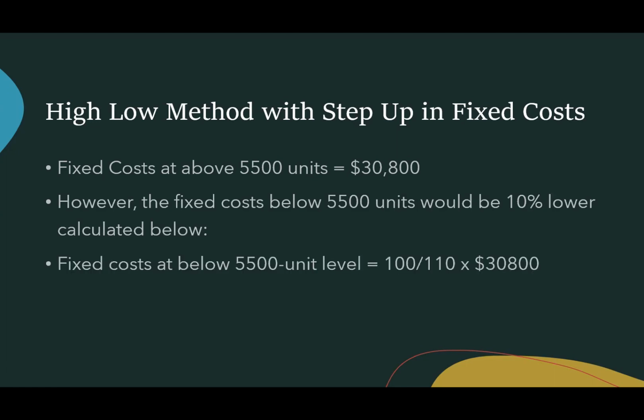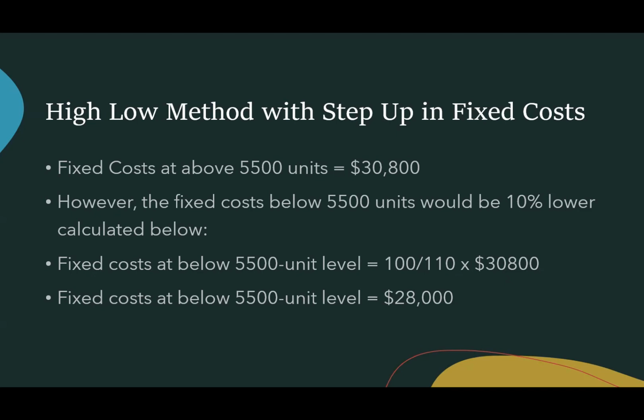Okay. So for that, this 30,800 represents 110 percent. Okay. I need to find 100. So 100 divided by 110 multiplied by 30,800, you will get your fixed cost below the 5,500 unit level, and that's 28,000. Because if you take 28,000, your normal fixed cost, and you add 10 percent of that, which is 2,800, you will come to a total of 30,800.